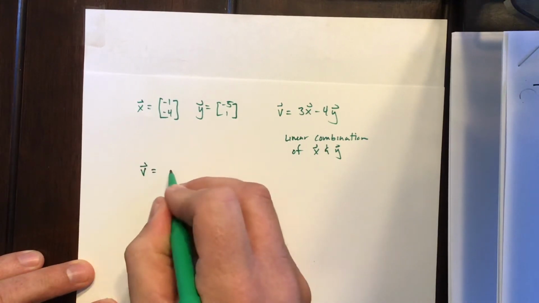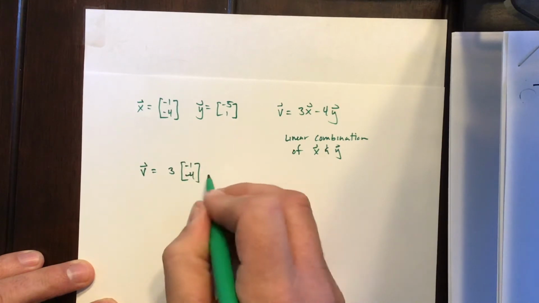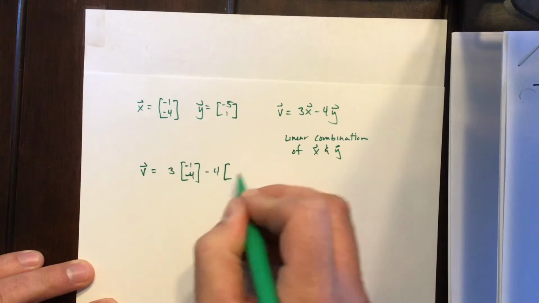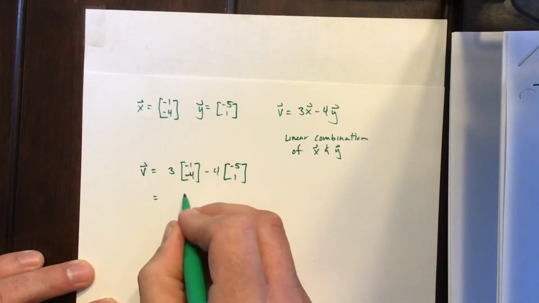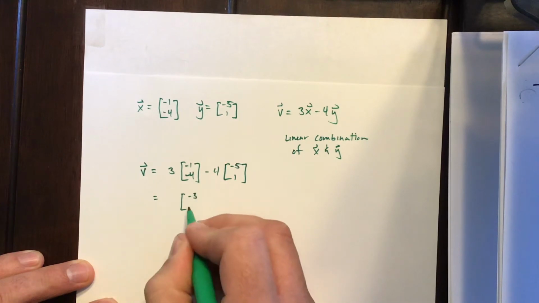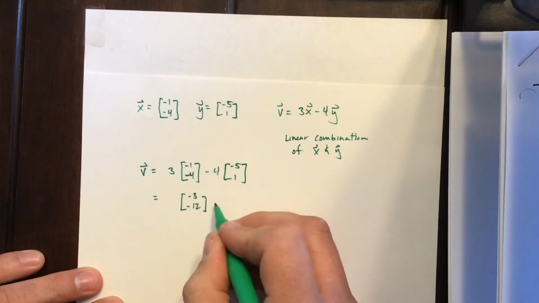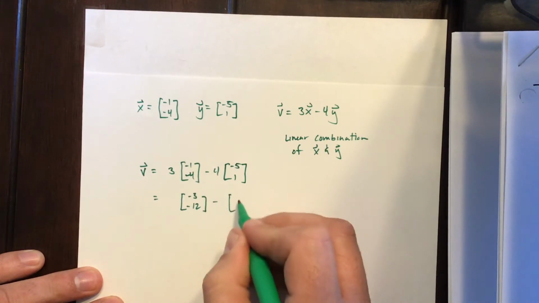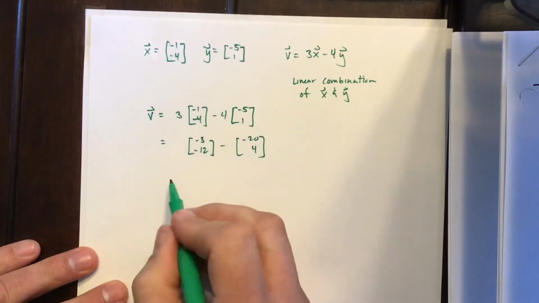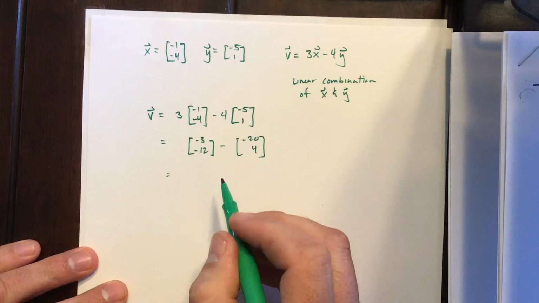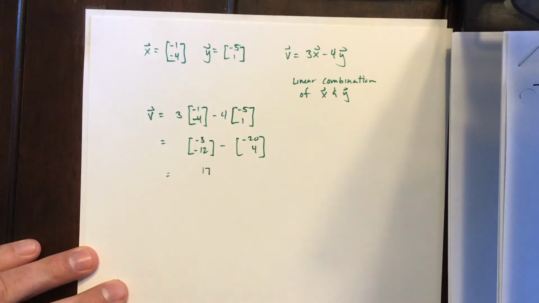So what is this vector v? This is going to be 3 times negative 1, negative 4, minus 4 times negative 5, 1. So this is negative 3, negative 12, minus negative 20, 4. So what do we get this to be? Negative 3 minus a negative 20, that's going to be 17.